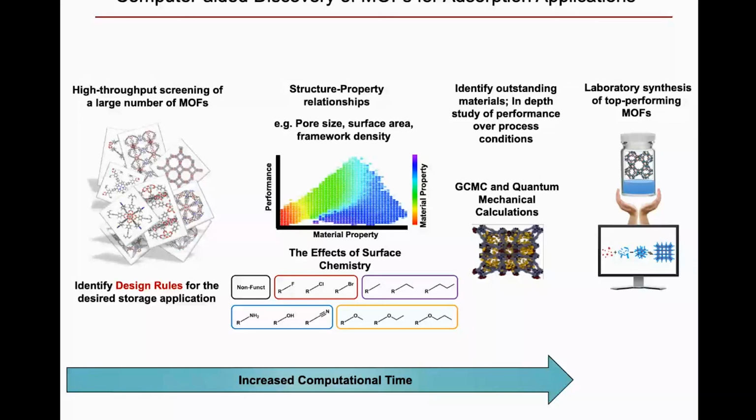And today I showed you that by employing high throughput molecular level simulations, we can quickly and accurately guide the synthetic efforts towards promising materials. And sometimes with a little bit of luck, you may also be able to find the best materials on the computer for a desired adsorption application.